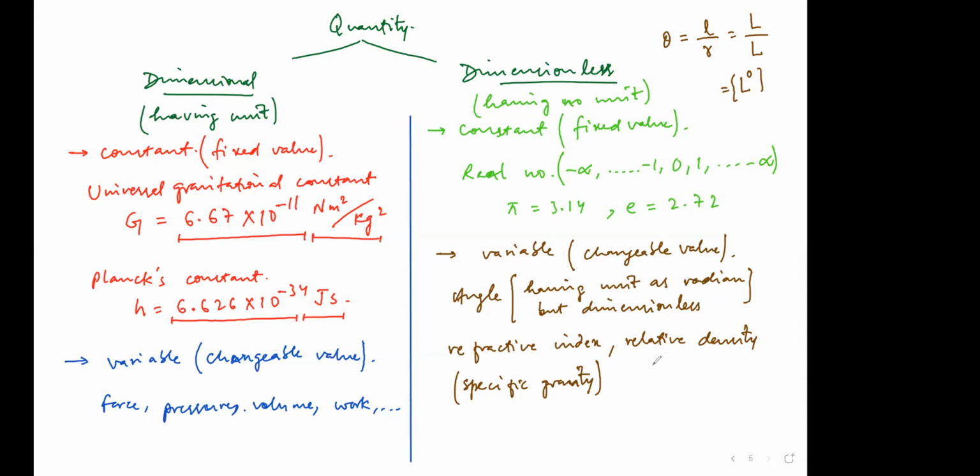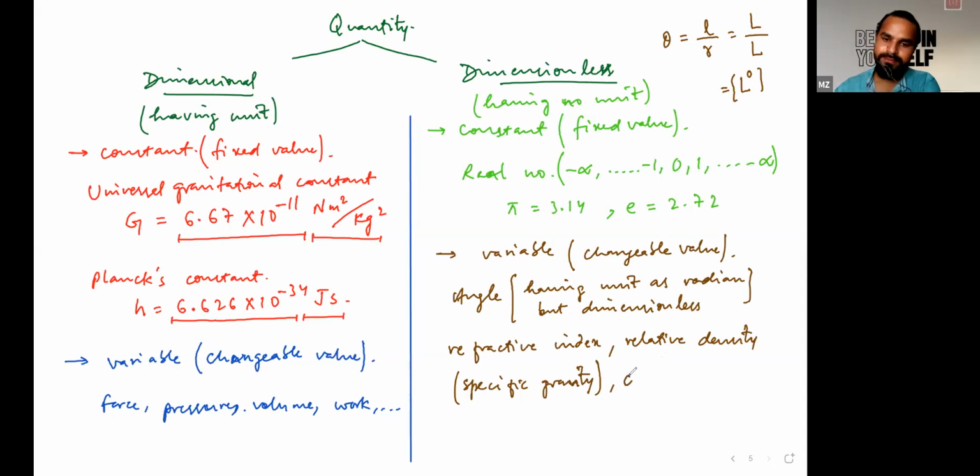Yes, sir. Okay. Similarly, there is one more term that is called coefficient of friction. It would depend upon the roughness of the surfaces in contact. Suppose some surfaces would be more rough, some surfaces would be smooth, and so on.